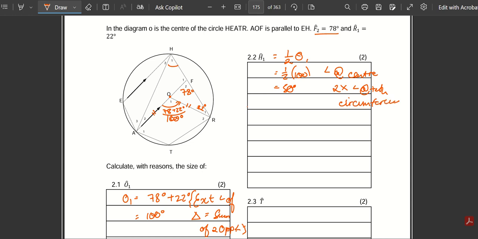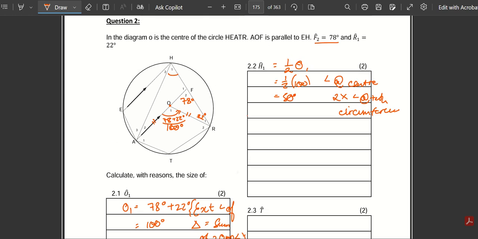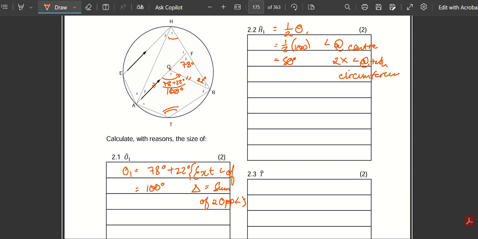All right, let's finish this up quickly. So they ask us to calculate T. So T would be this one. Once again there, if this is 50, please go write it in. That means T is equals to 180 degrees minus the 50 degrees. And that gets me to 130 degrees. Your reason there will be opposite angles of a cyclic quad.